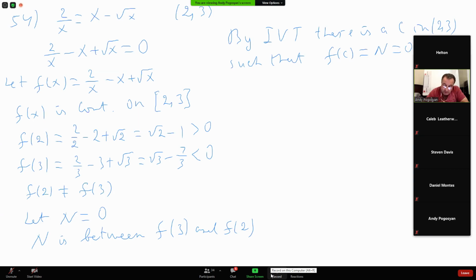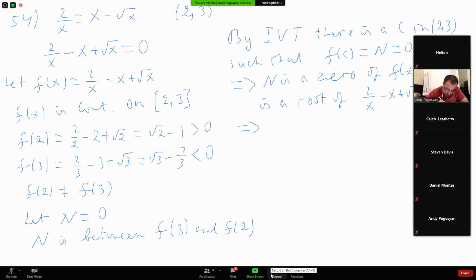But this implies c is a 0 of f of x, which implies c is a root of 2 over x minus x plus square root x equals 0.